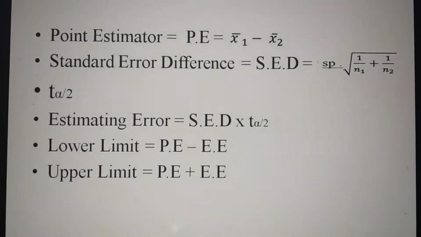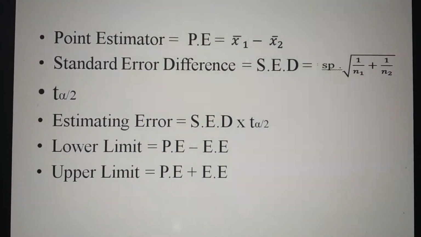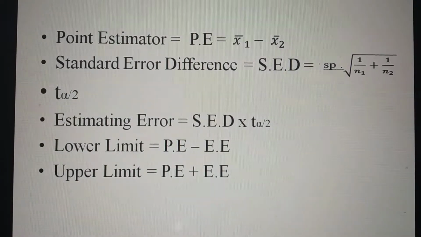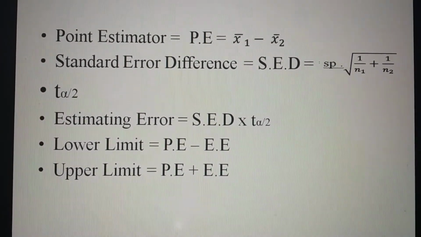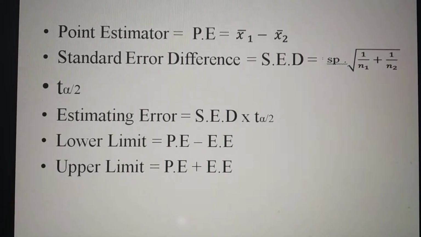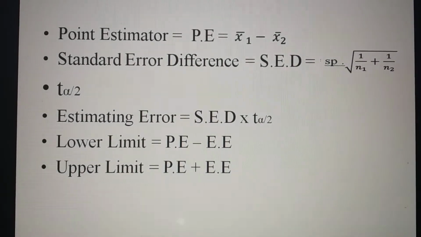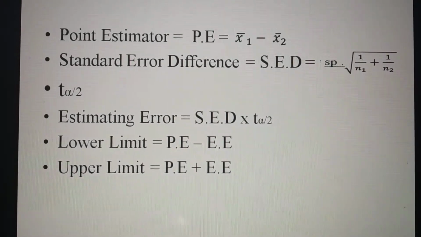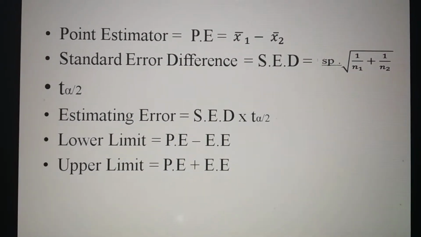The fourth requirement is estimating error, which we get by multiplying standard error difference and t alpha by 2, that is the second and third requirements. The fifth requirement is lower limit, that is point estimator minus estimating error, and the sixth requirement is upper limit, that is point estimator plus estimating error.